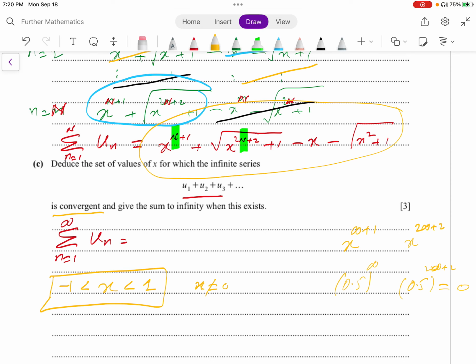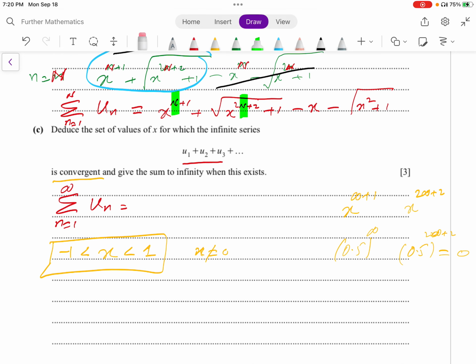Next, give the sum to infinity when this exists. So we have to go back to the summation formula, the sum from n equals 1 to capital N of un.